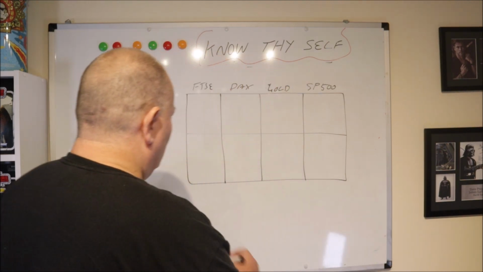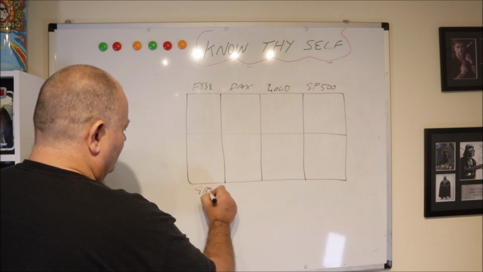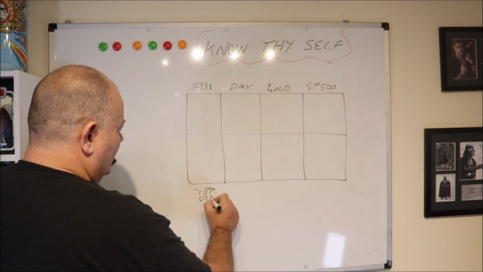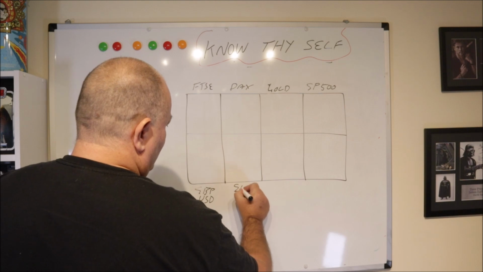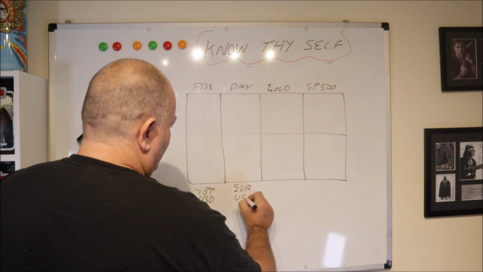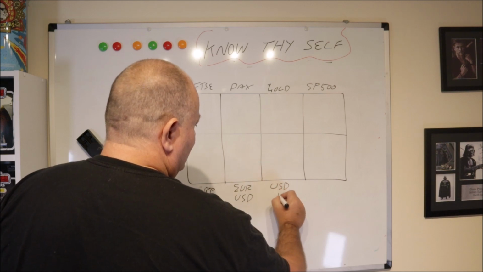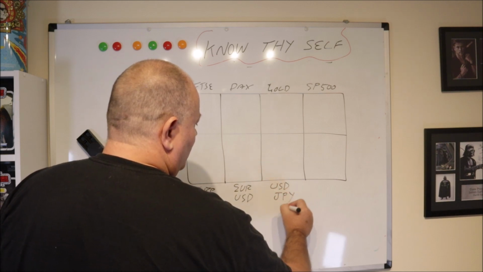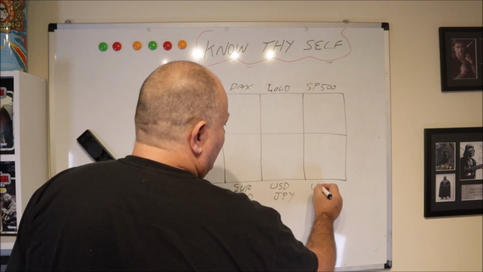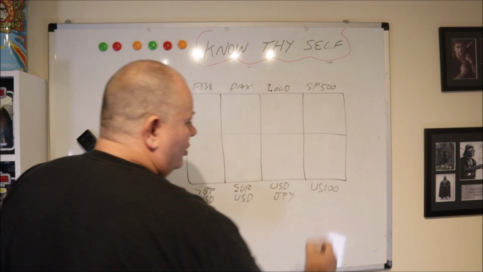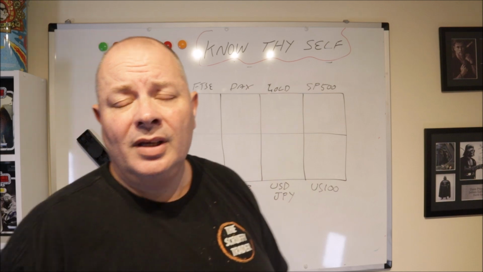Okay. Then we have pound USD, euro USD, USD JPY, and then in here is the US 100 or the Nasdaq, whatever you want to call it.